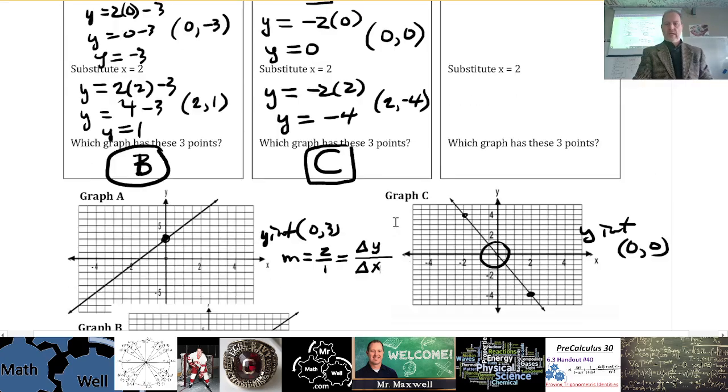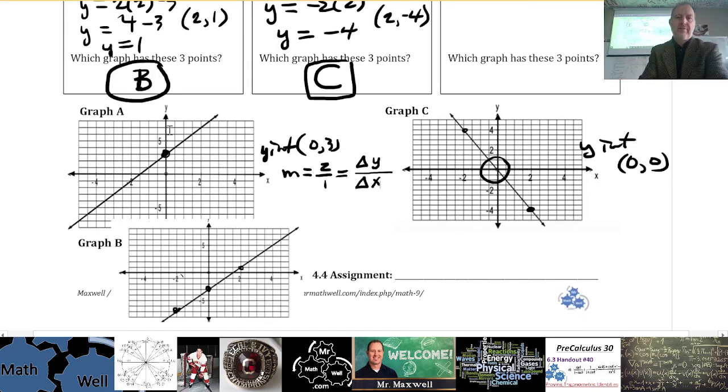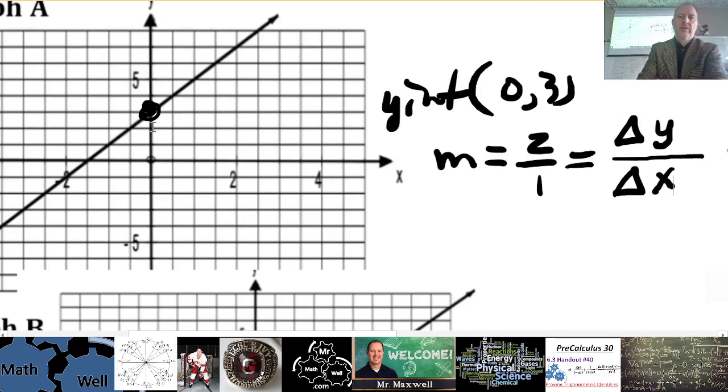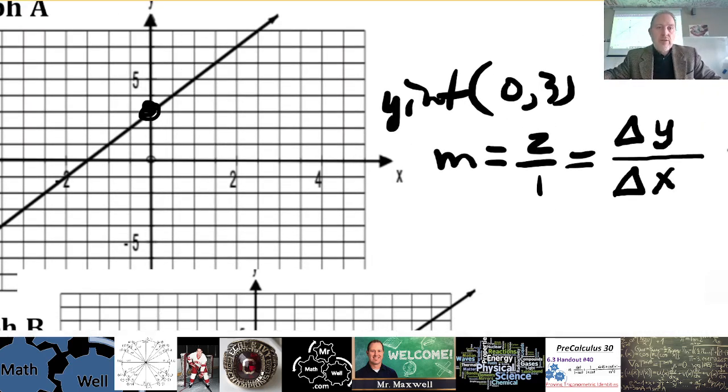Almost done. So from the graph, this is how you would work this. Watch this. A change in y of 2. So from this point, I would go 1, 2 units up, and then I would go 1 unit over. So 2 over 1 gives us the next point on the line.